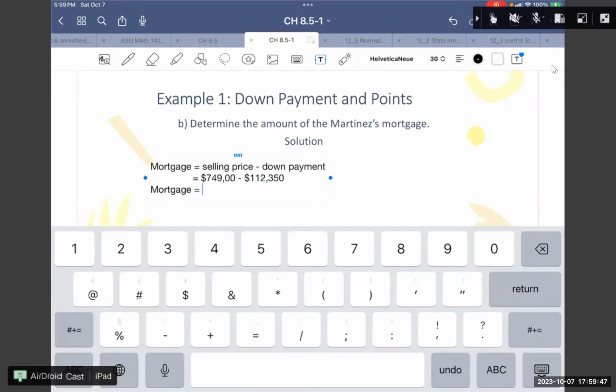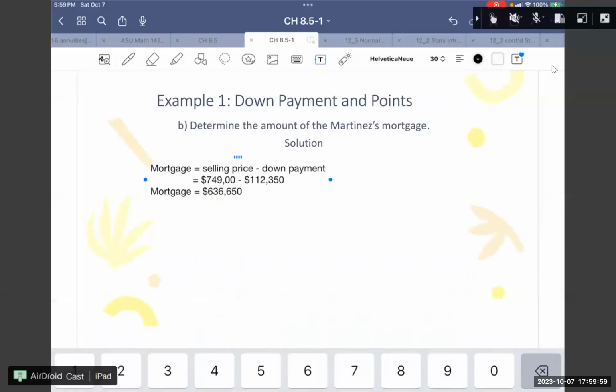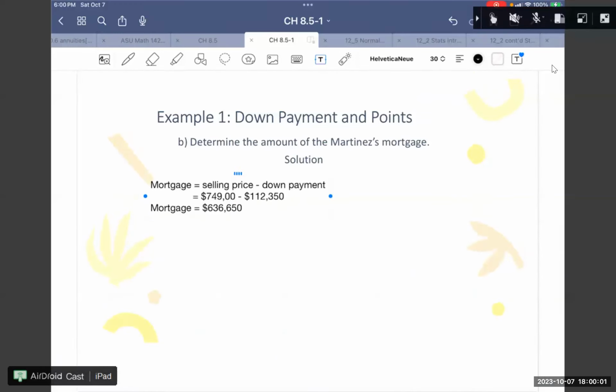After we do the calculation, the mortgage will be $636,650. This is the amount for the mortgage. That's how we do it for the mortgage.